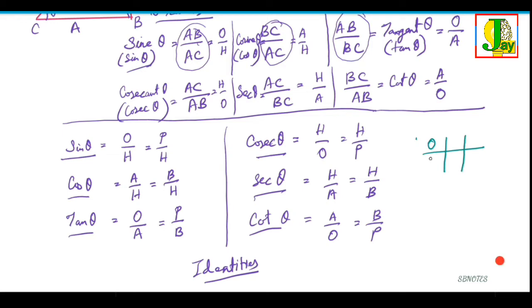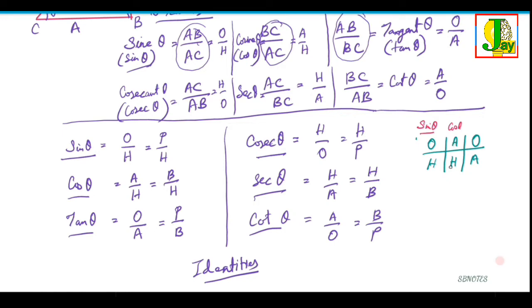So we can write all these ratios here: opposite by hypotenuse, then adjacent by hypotenuse, and opposite by adjacent. So the first one is sin theta, that's opposite by hypotenuse.